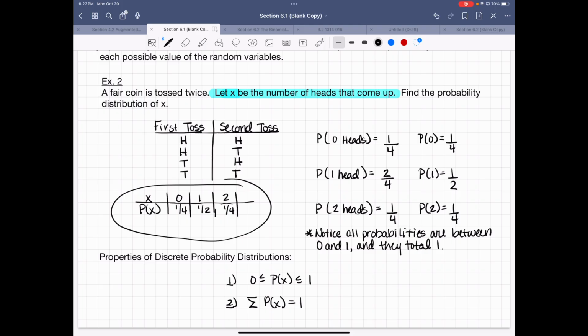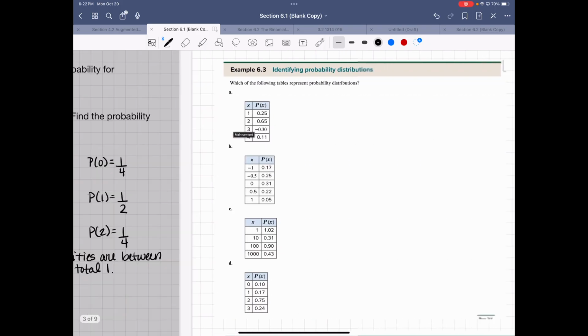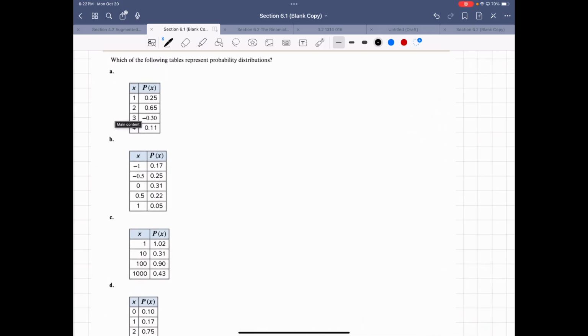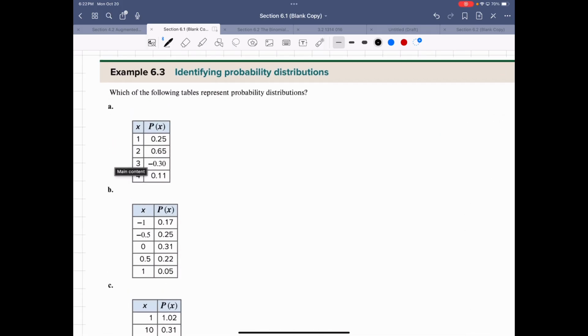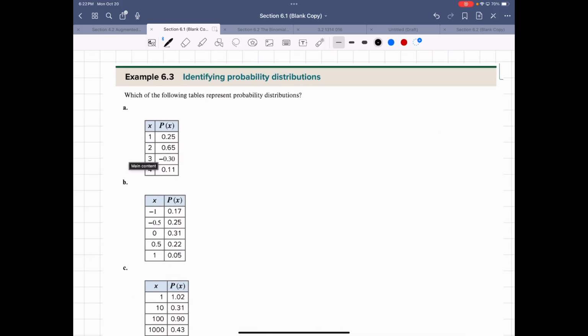Okay, let's look at example 3. It says, which of the following tables represent probability distributions? Well, guys, these are going off those 2 properties that you wrote. First one that I would check is you need to make sure all the probabilities are between 0 and 1. That means they have to be positive and they can't be a decimal greater than 1.